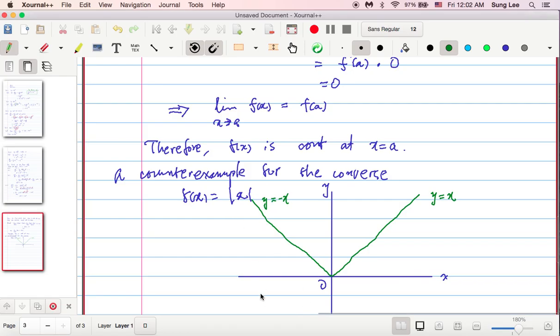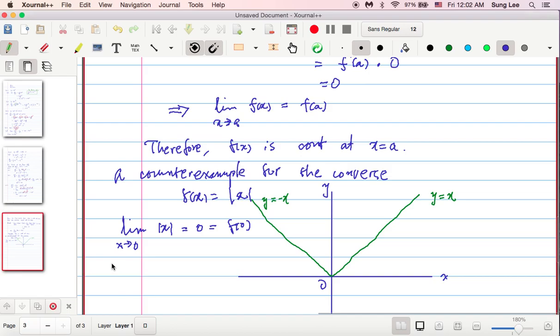So let me write it down. What I just said is the limit of the absolute value of x when x approaches 0 is the same as 0, which is f of 0. Okay, so it is continuous.